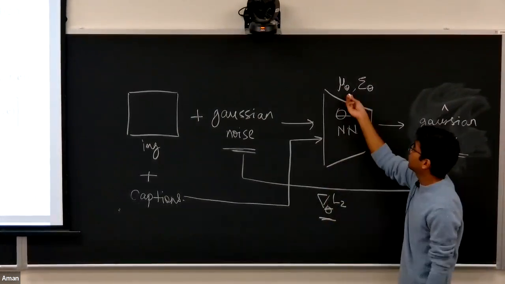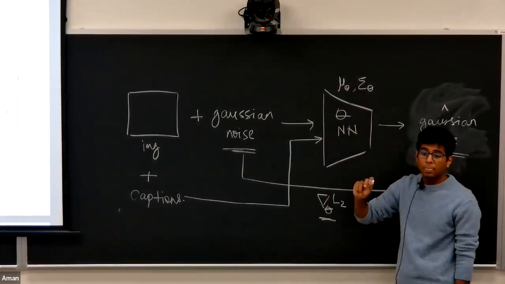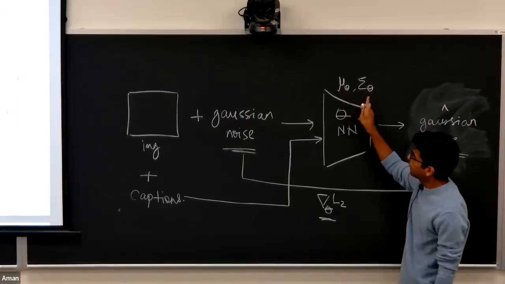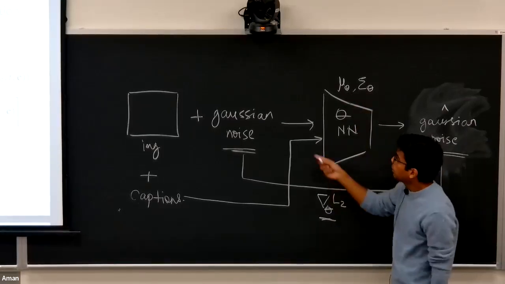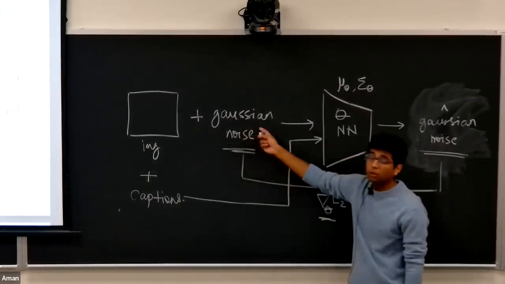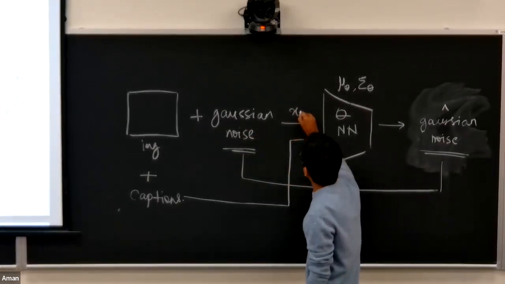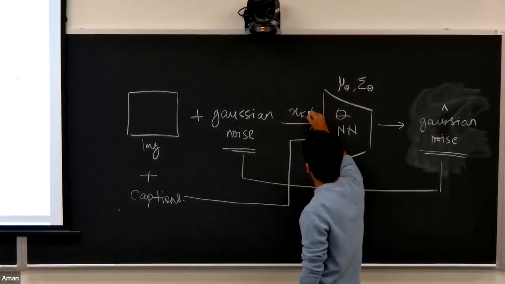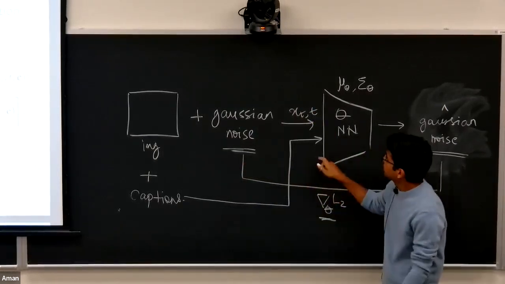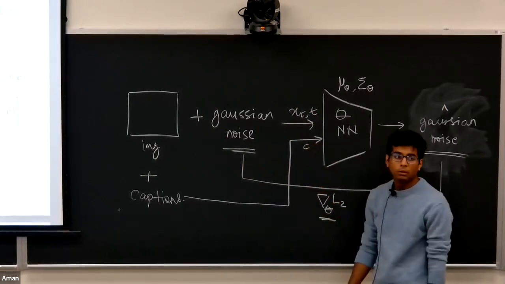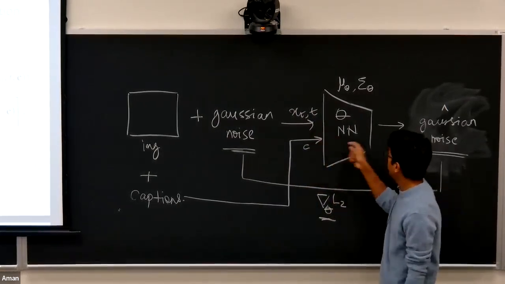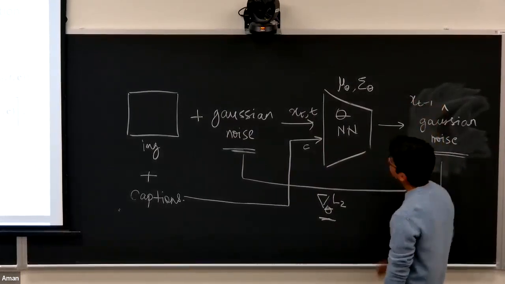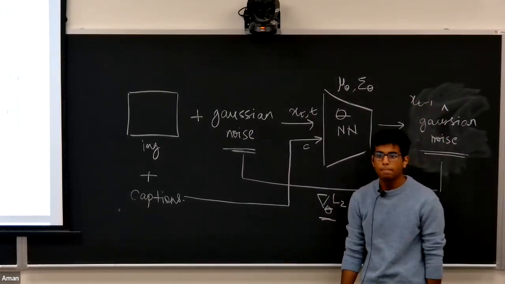The first branch is predicting the mu, and the second branch is predicting the standard deviation. And both of these are predicted by taking three things into account: the image with the noise in it, X_t, the amount of noise that was added, which is T, the time step, and also the conditioning signal C, which is the caption. So by taking all three of these into account, the model is able to predict X_{t-1}. Does that make sense?